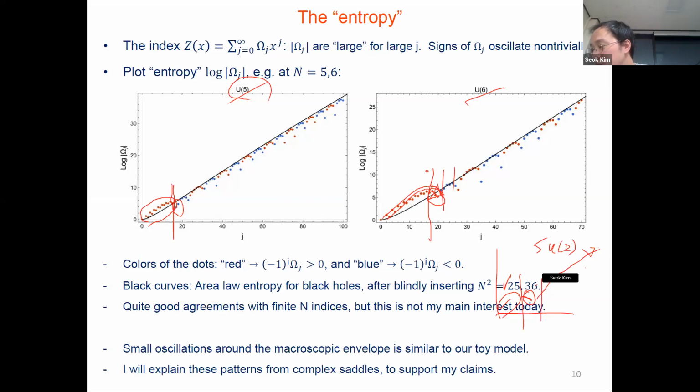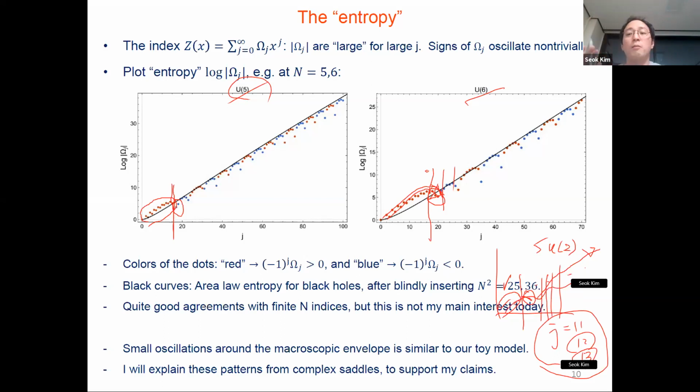My student repeated up to j to the 11, 12, I think 13 or 12, he did it. But still he didn't find any operators due to careful trace relations. For SU(2), at large charge, very high order, all the index can be explained by graviton type operators subject to trace relation.